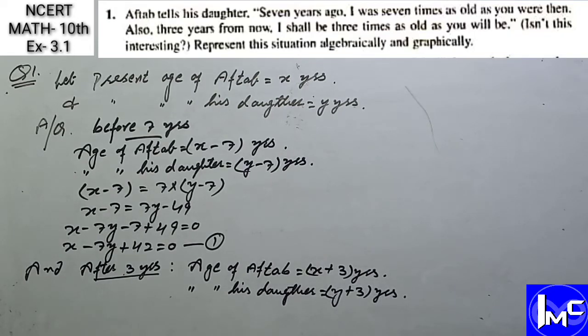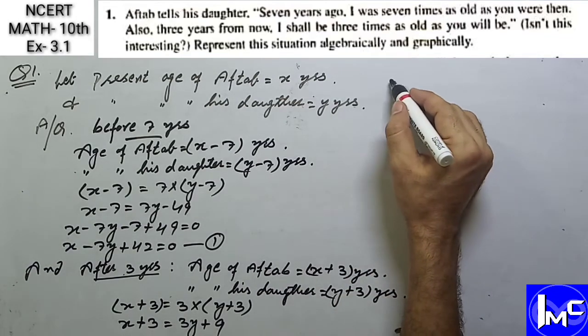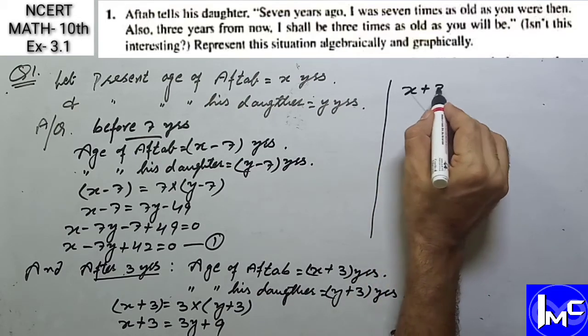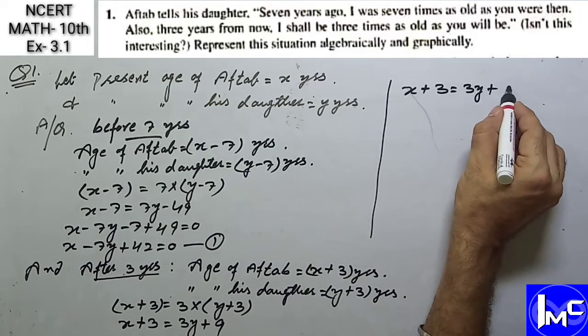And what the question says, 3 years from now I shall be 3 times as old as you will be, means age of Aftab will be 3 times his daughter's age, and it will be x plus 3 is equal to 3(y plus 3), x plus 3 is equal to 3y plus 9.